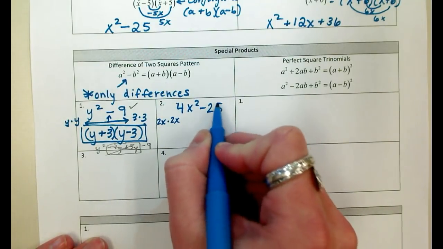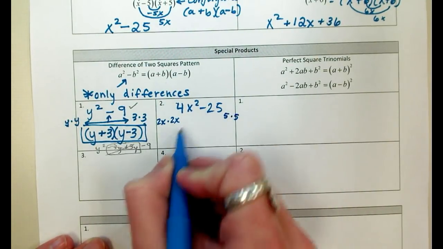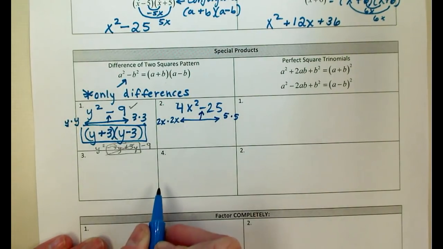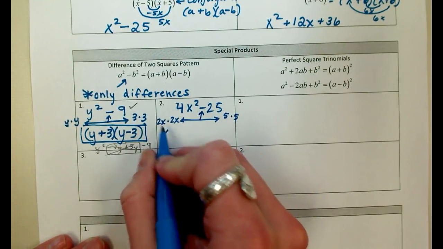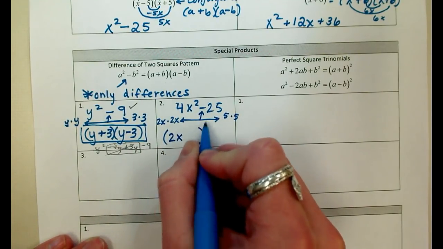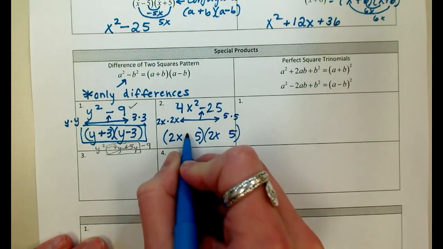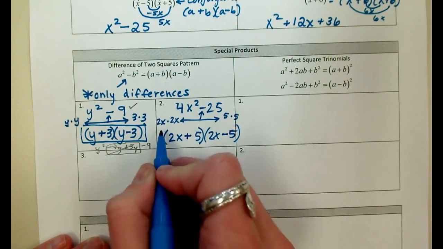And 25 is a perfect square, 5 times 5. So we have perfect squares on both sides, and this is the difference. So this is the difference of two squares. I'll write my solution with 2x and 5, 2x and 5 with opposite signs. And I'm factored out.